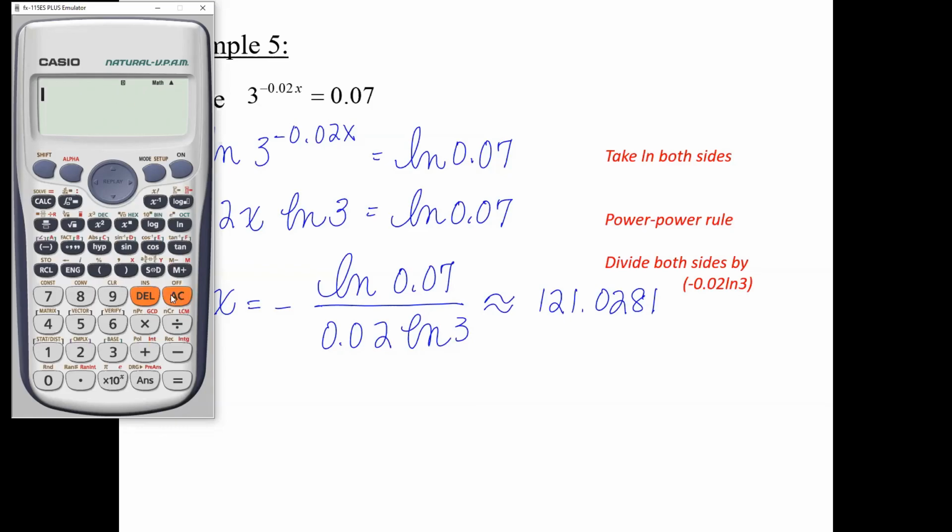Let's do it the easy way this time. Let's use the fraction key. We put in natural log 0.07, close it up, go down, and 0.02 natural log 3, close it up, equals.